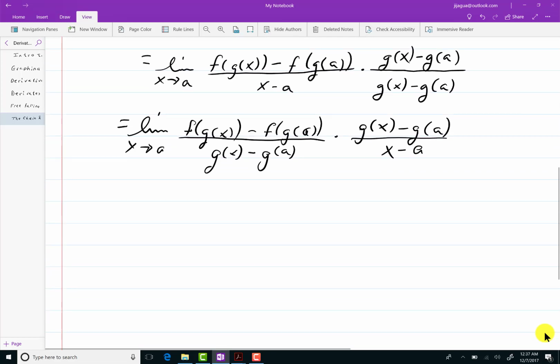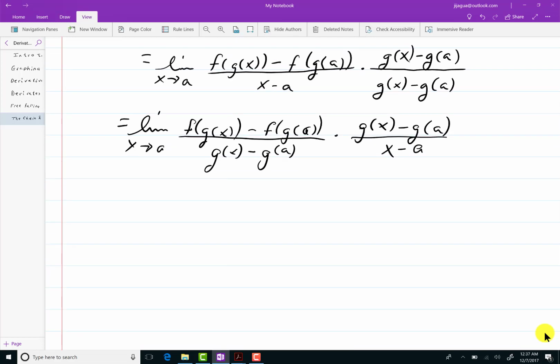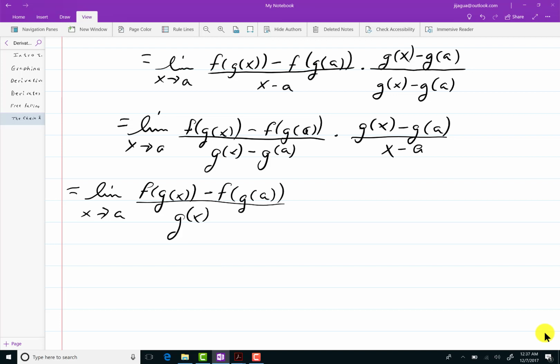And then at this point, you're allowed to break up the limits so long as all these limits exist. So I'll have the limit as x goes to a, f of g of x minus f of g of a all over g of x minus g of a times the limit as x goes to a, g of x minus g of a all over x minus a.